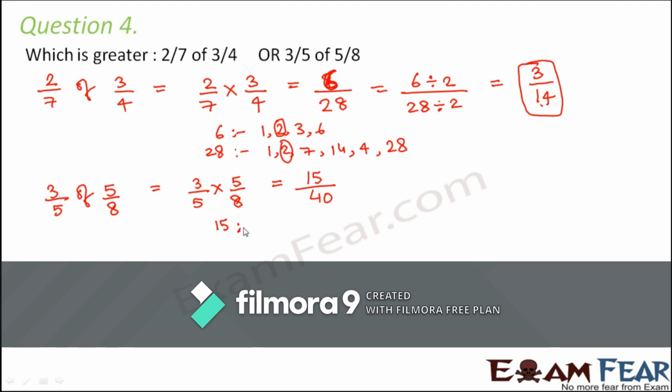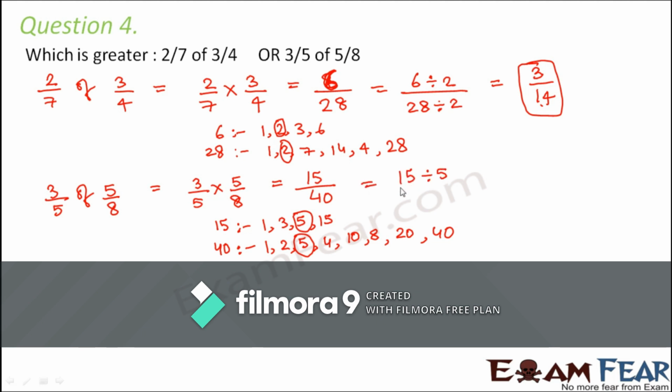Again, if you look at their factors, 15 is 1, 3, 5 and 15, and 40 is 1, 2, 4, 5, 8, 10, 20 and 40. So which is the highest common factor? It is 5. So therefore we will divide the numerator and the denominator by 5.